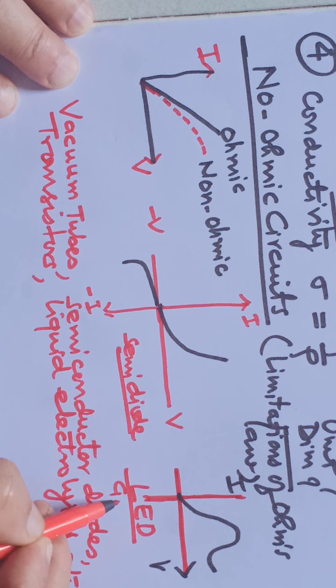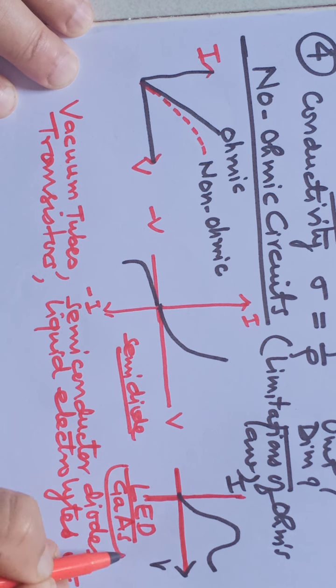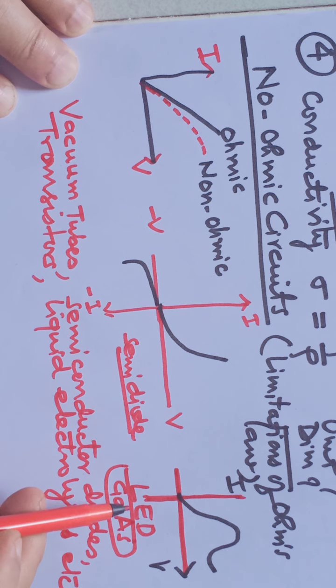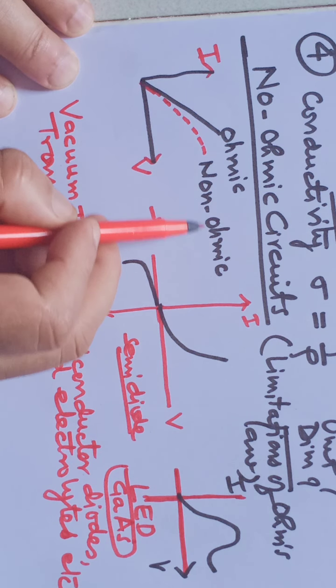This is actually for gallium arsenide, the material used in LEDs. And also this is for a torch bulb, non-ohmic circuits.